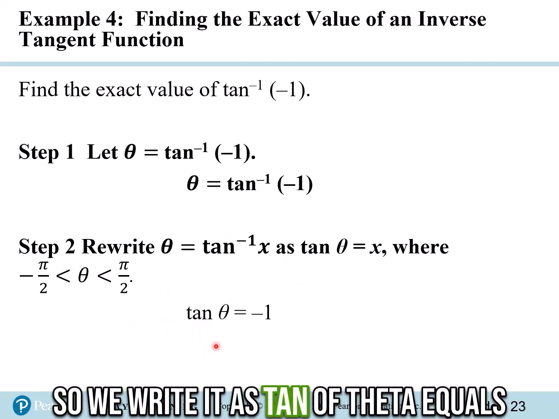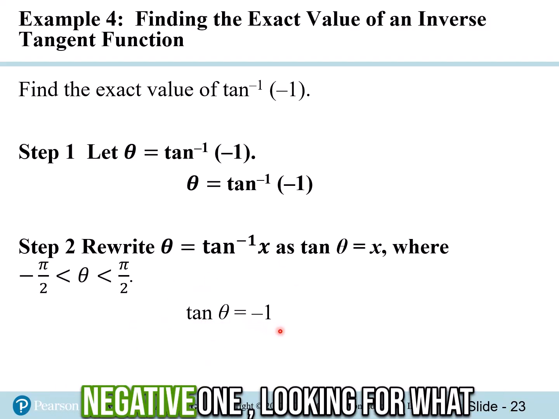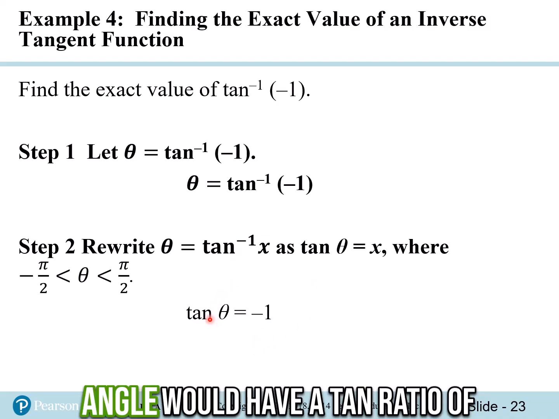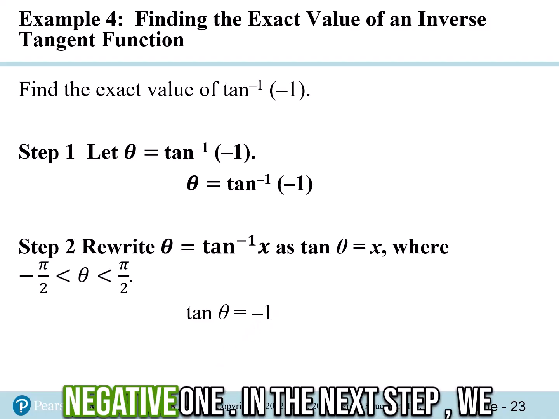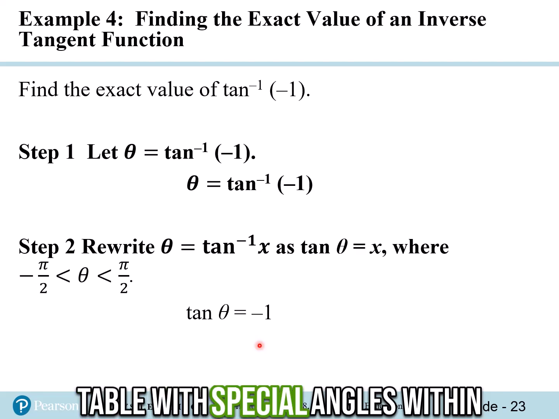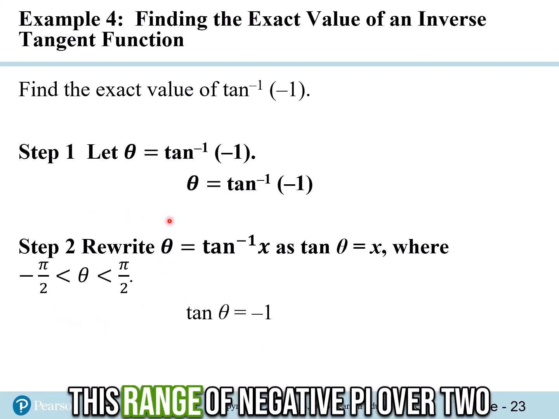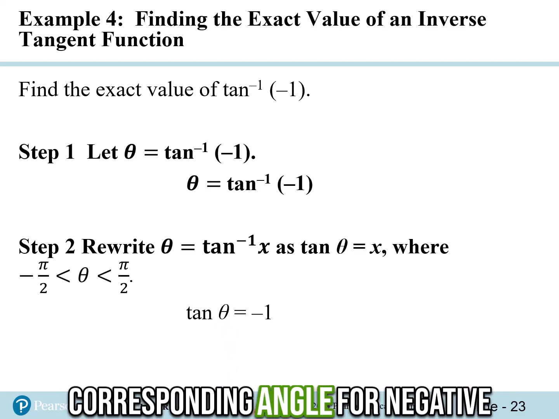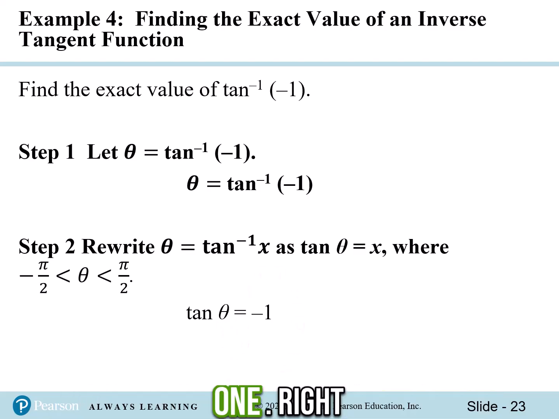So we write it as tan of theta equals negative 1, looking for what angle would have a tan ratio of negative 1. In the next step, we will open up the tangent function table with special angles within this range of negative pi over 2 and positive pi over 2 and find the corresponding angle for negative 1, right?